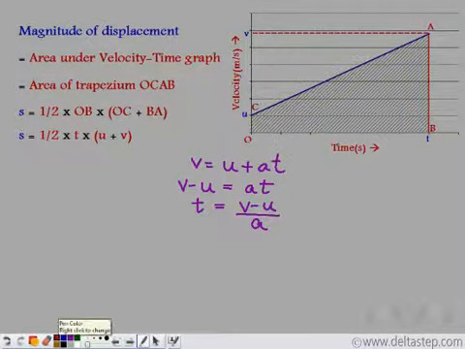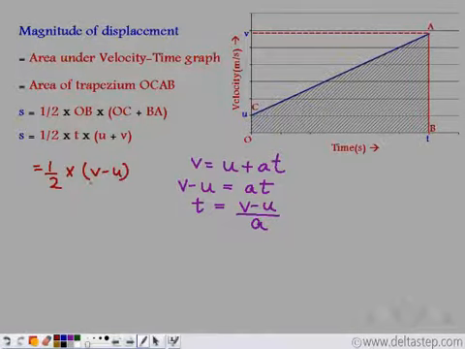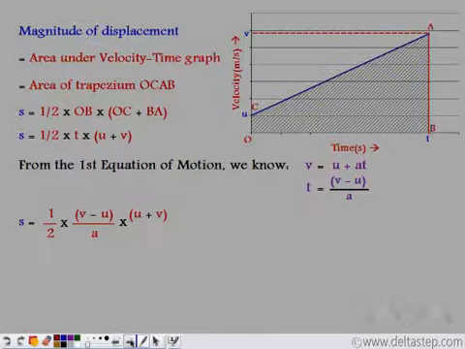On substituting this value of T, we get half into V minus U by A into U plus V. So this is what we get.